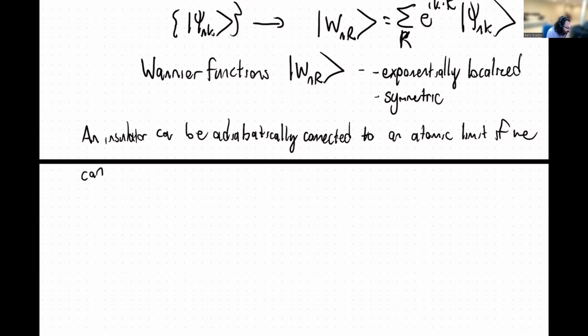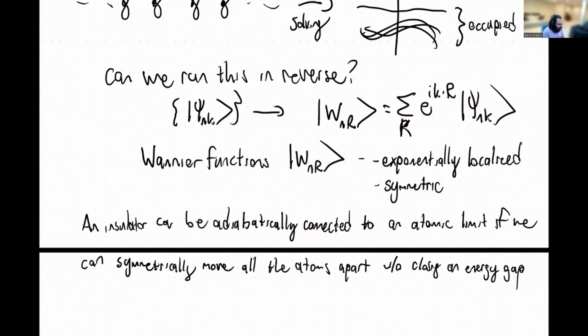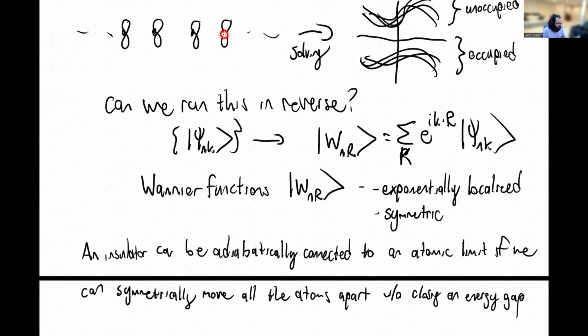If we can symmetrically move all the atoms apart without closing an energy gap. Well, we know that every atomic limit band structure is made up of isolated atoms.